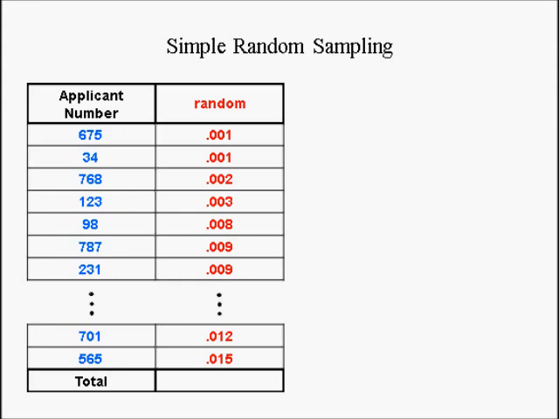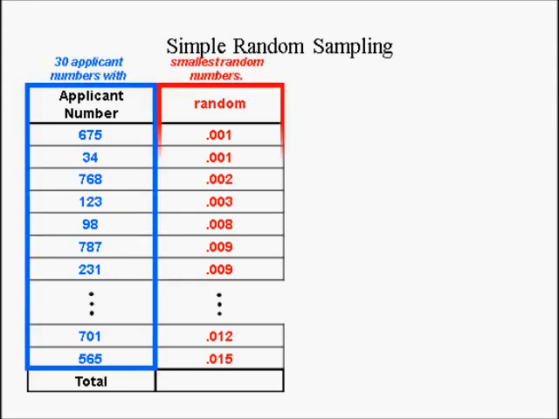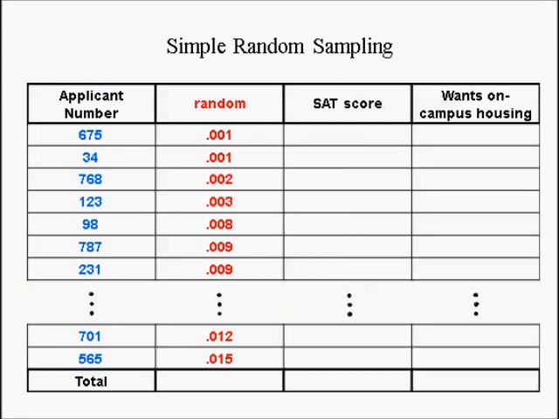In the previous table on the previous slide, all 900 applicant numbers were displayed. In the table below, we have 30 applicant numbers that are associated with the smallest random numbers. After the random sample of 30 applicant numbers has been generated, the office assistant of the college's director of admissions can open up the files associated with these applicant numbers to fill in the rest of the table.